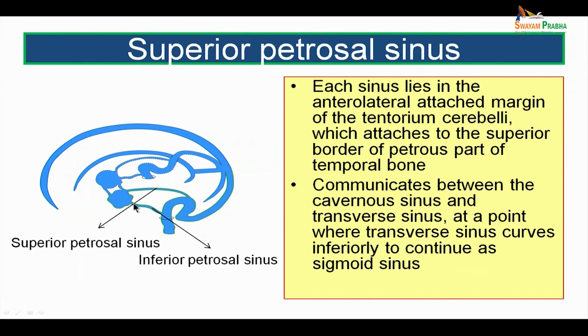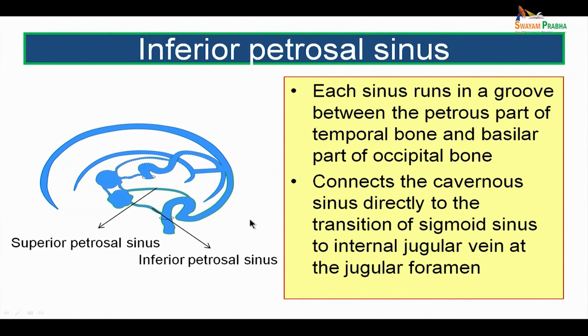We also see the inferior petrosal sinus here, which communicates between the cavernous sinus going posteriorly up to a point where the sigmoid sinus continues as the internal jugular vein. So, the inferior petrosal sinus, as we said, is a sinus that runs in a groove between the petrous part of temporal bone and the basilar part of the occipital bone.